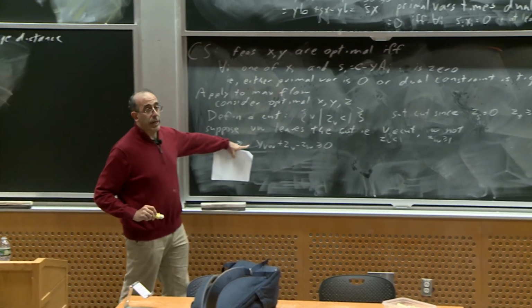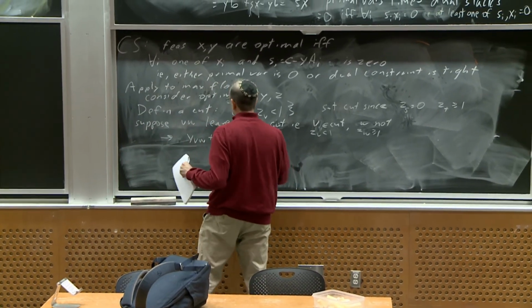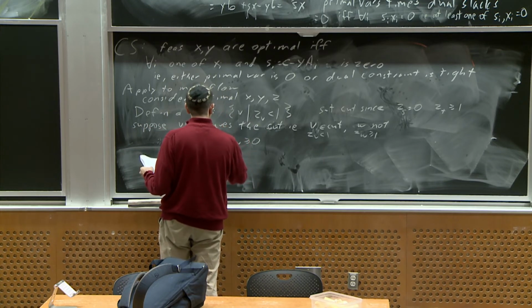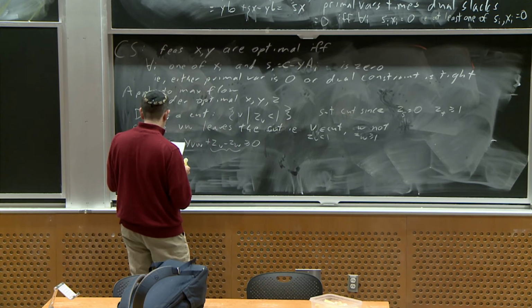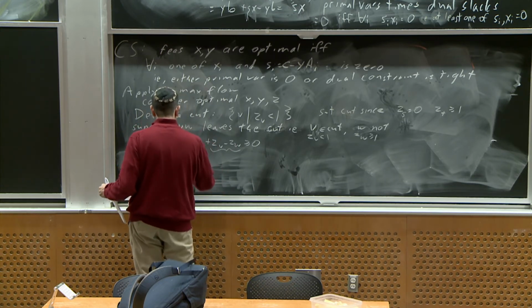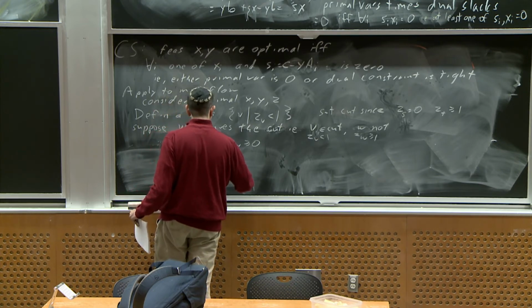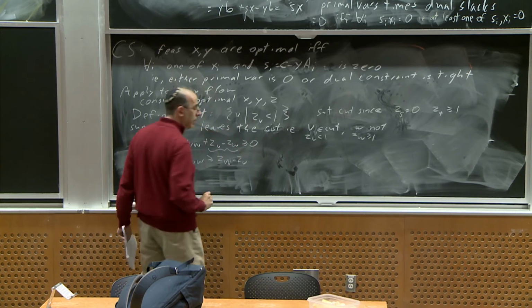That's the constraint that we had. What this tells us is that YVW is at least ZW minus ZV.